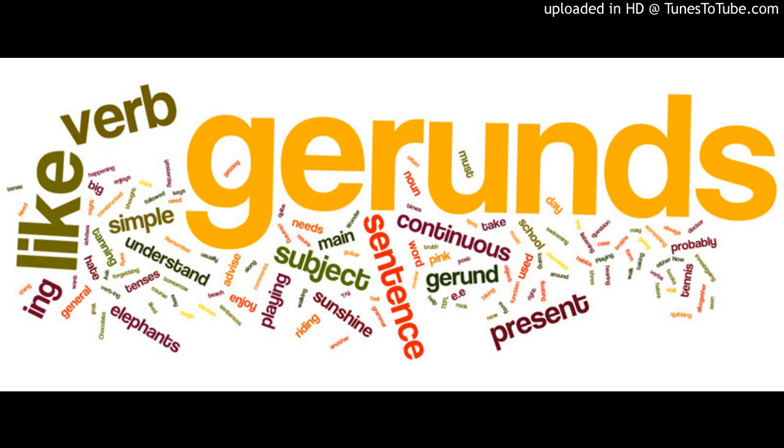So, once more, a gerund can be the subject of a sentence. For example, smoking is bad for you. Smoking is the subject. It can be the object of a sentence, like we have here. He hates. What does he hate? Waking up early. It can be a subject complement. What I hate most is repeating myself. Another example of this might be, my favorite activity is hiking, for example.